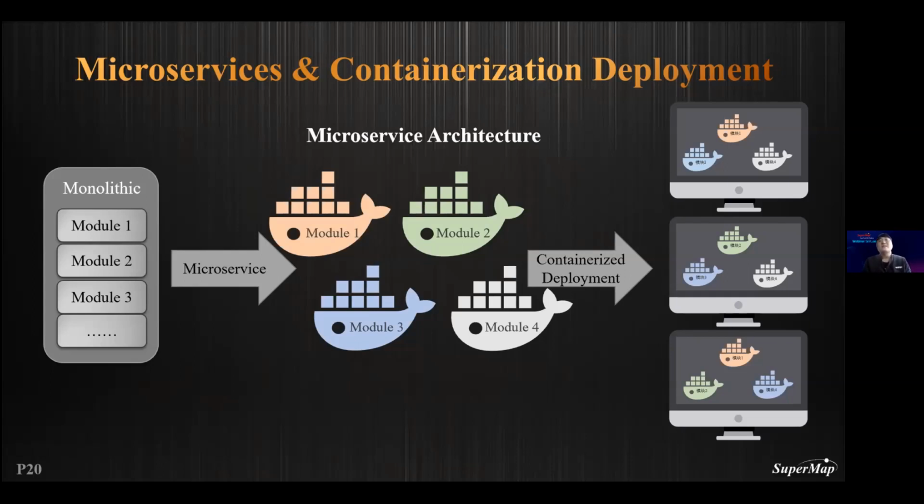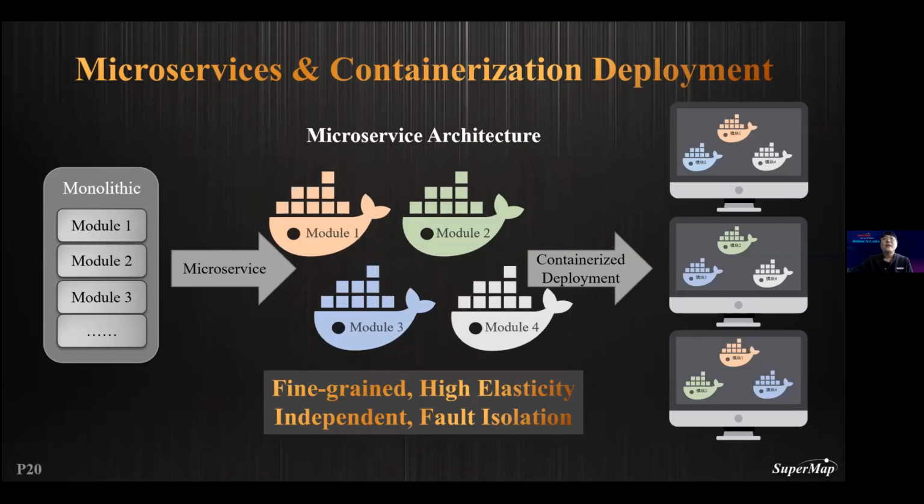So in this way, all of the services are independent. They won't affect each other, even if some of the services crash. So the cloud native GIS is a fine-grained, highly elastic, independent and fault-isolated system.